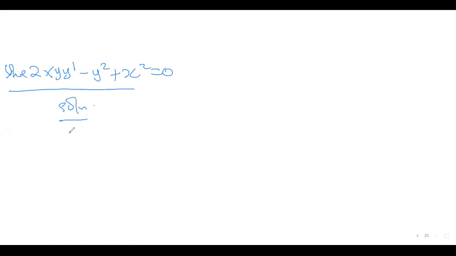So you have 2x y dash minus y squared plus x squared equal to 0. We want to solve this. We could start by dividing throughout by x squared, and this is going to yield 2y over x, y dash minus y squared over x squared plus 1 equal to 0.